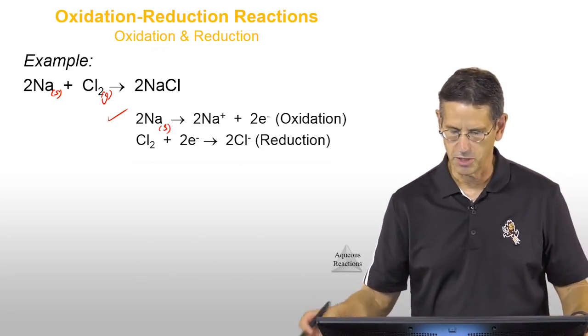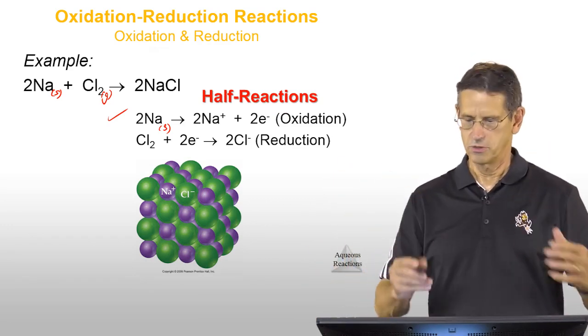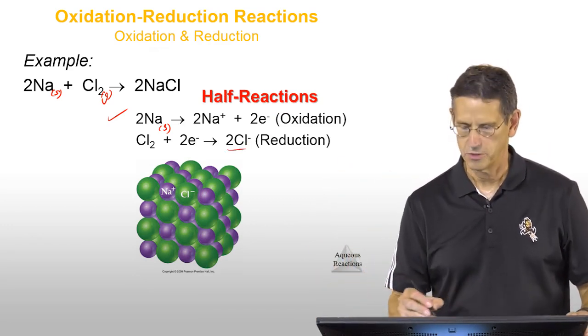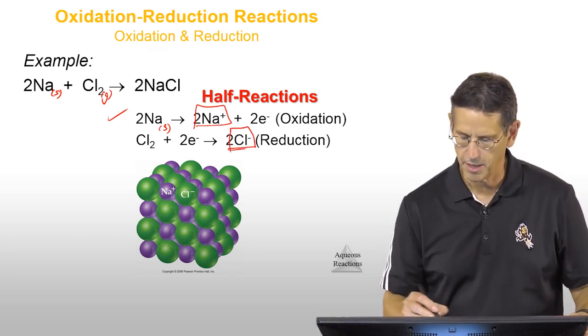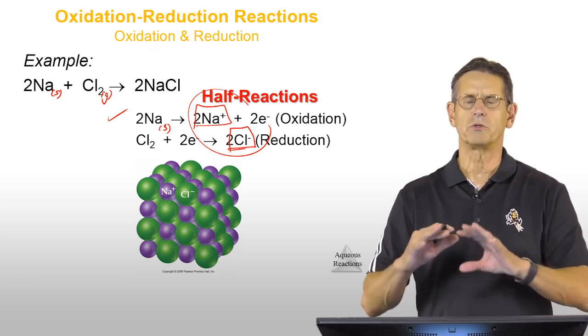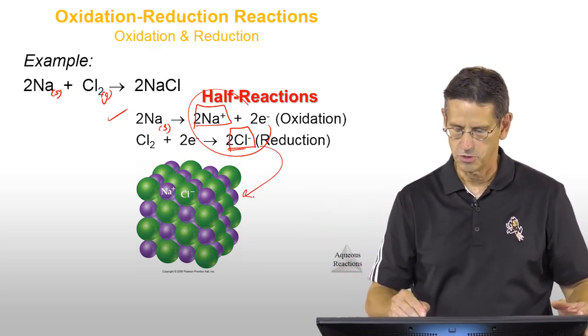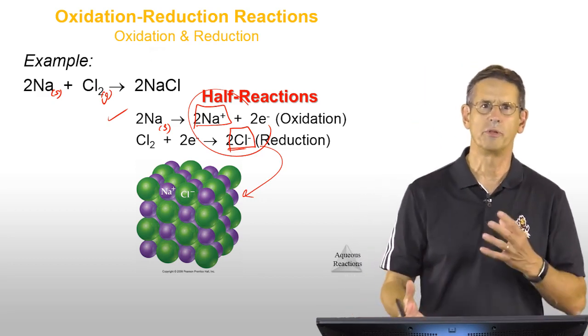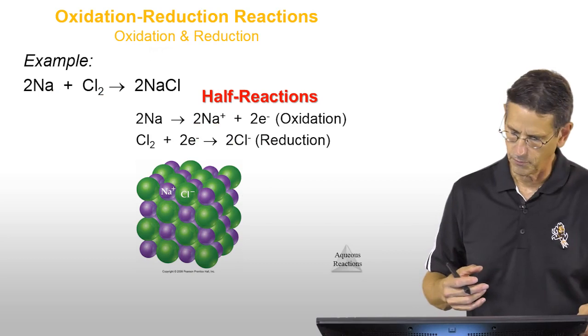What is our reduction? The chlorine gas grabbing electrons, creating chloride ions. So notice what we've created: the sodium cation and the chloride anion. If they're in water, they're floating around, but as a solid, they exist as this big lattice, where all the plus and minus spheres are stuck together in a very defined way.